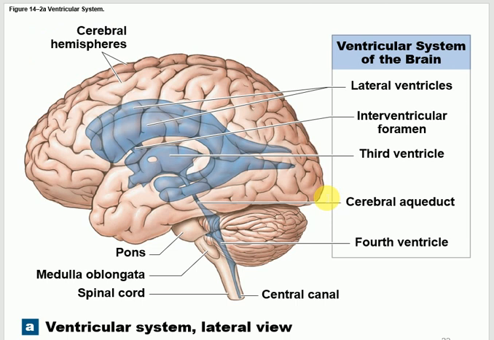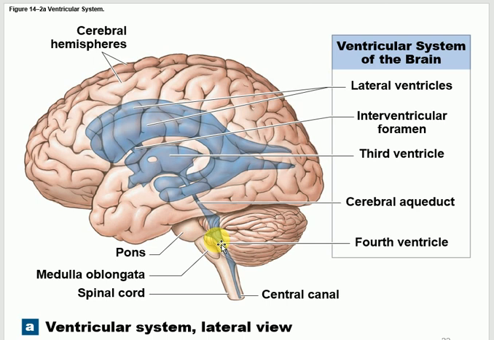Look at this picture here. We have a model like this, and there is another one that will show you more. This is left, and this is also another left, so this is like right and left laterals. Then this one that has an opening here is the third, and the last one here is the fourth.